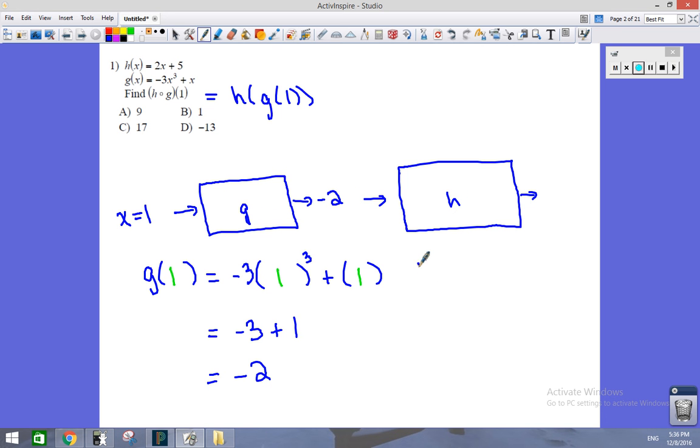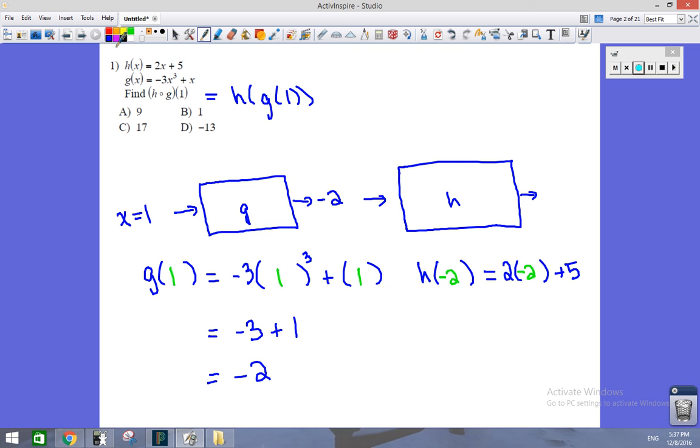What does h do to the input? H always creates an addition problem as well. H will double the input and then add 5. What we're inputting into h is -2. So we're going to double that and add 5.